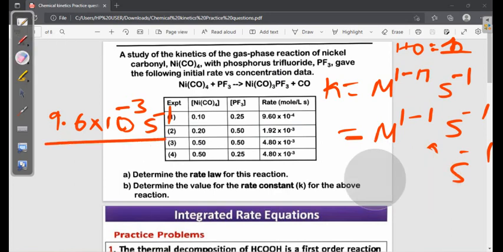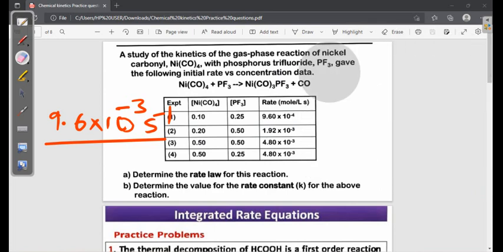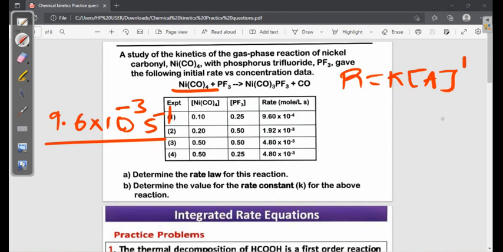Or the other way that you can think about it, if you're not able to remember the formula, you just go to the rate law where we are saying R is equal to K times A, where A represents the nickel carbonyl, to the power 1. For the rate, we know it's always supposed to be molar per second. And then K, we don't know.